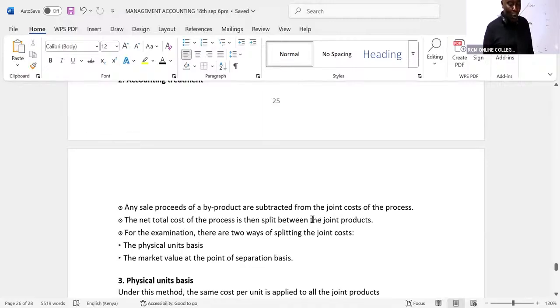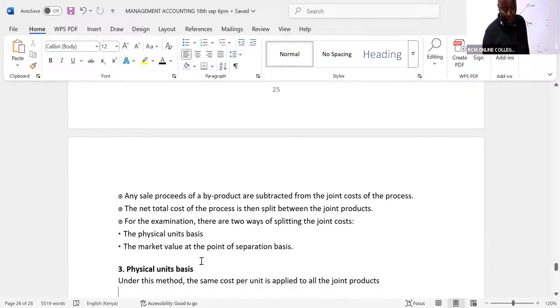Number two, we have what we call the market value basis at the point of separation. However, I will still teach you a third method known as net realizable value. But if you look at your past papers, normally they want you to split the joint costs using physical units or market values. We start with the first one, which is the physical units basis.